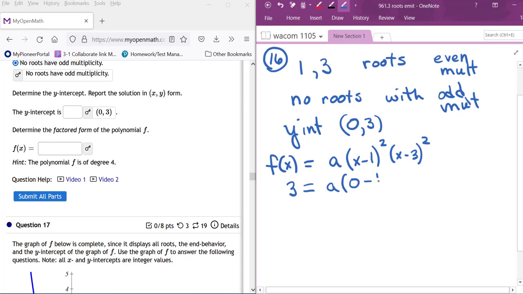So 0 for x gives us 3 for y. So we have to plug the 0 into each one. So we get numbers here. So we get negative 1, and we're going to square it. Gives us 1. We get negative 3. We're going to square it. Gives us 9.